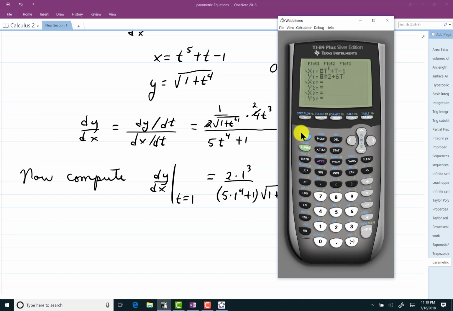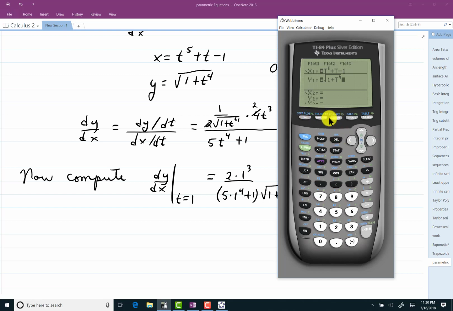And then for the y values, I'll do second, the square root 1 plus t to the 4th. And then I'll delete. I told you before it wasn't such a good idea to edit these things, but I guess I survived that one.